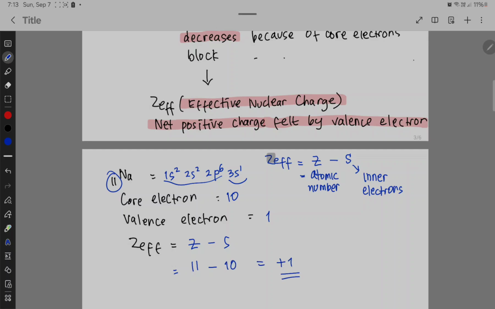So the valence electron in Na has an attraction of only plus 1. The attraction is not so strong, so the valence electron in Na can move out from the orbital, just like that.